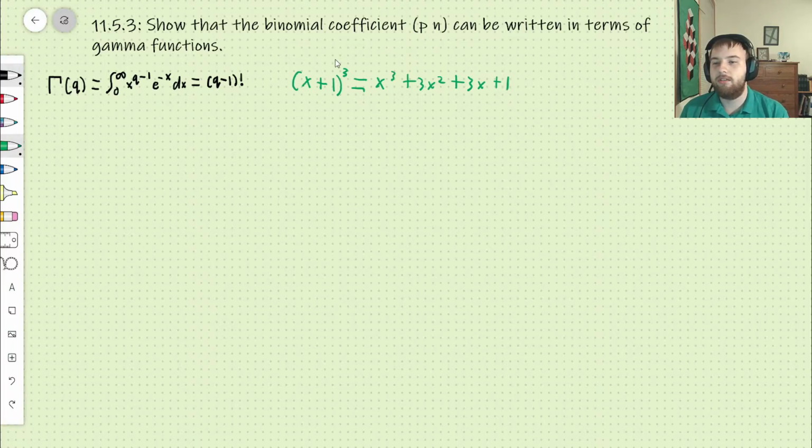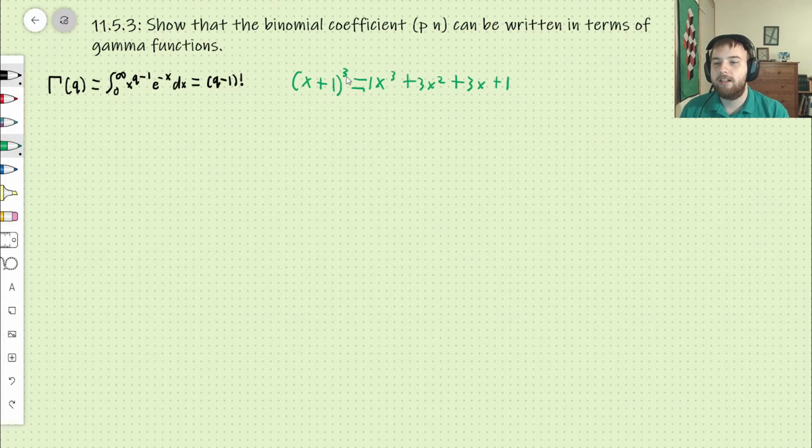It's a little more than foiling because you're cubing, but see how there's a 1, a 3, a 3, and a 1? The 1 is implied here. Those are your binomial coefficients.